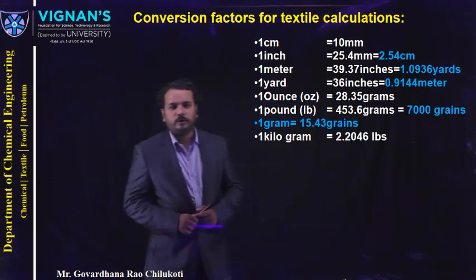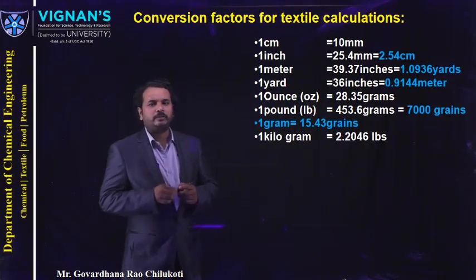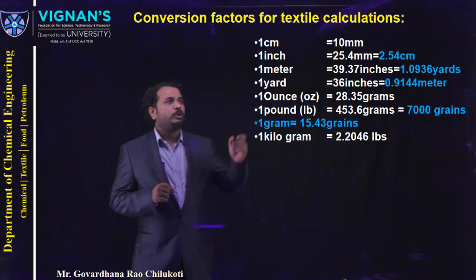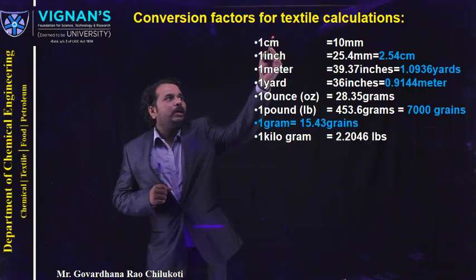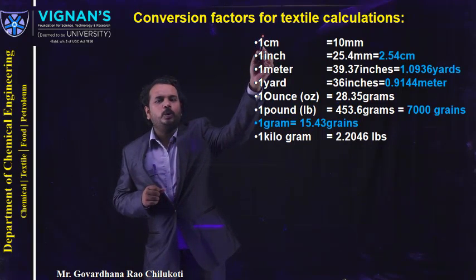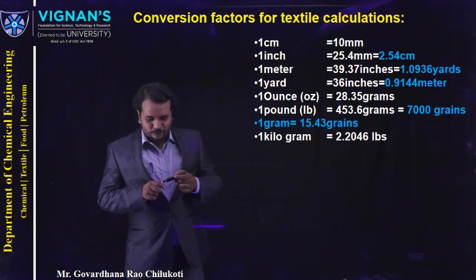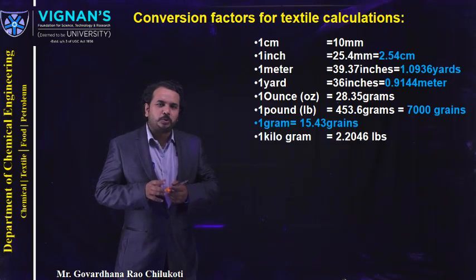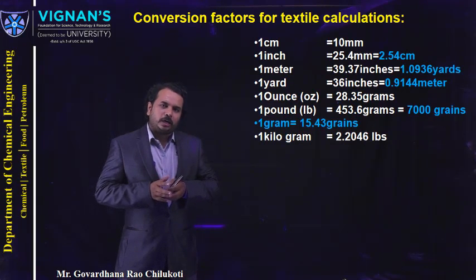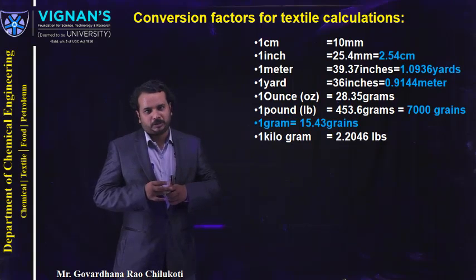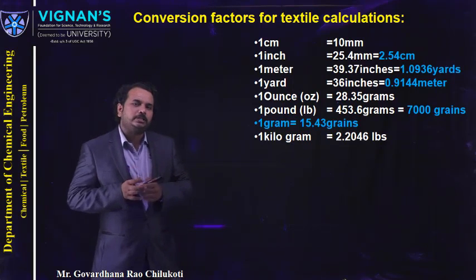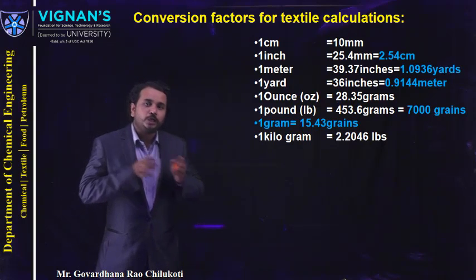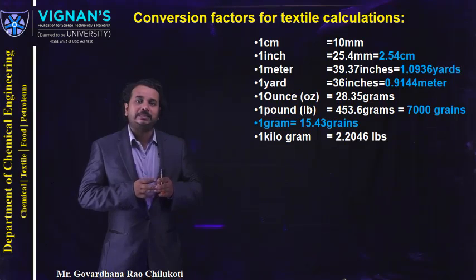Now you can see I have given some simple conversion factors. 1 centimeter is equal to 10 mm. 1 inch is equal to 25.4 mm, which is equal to 2.54 centimeters. 1 meter is equal to 39.37 inches, which is equal to 1.0936 yards.